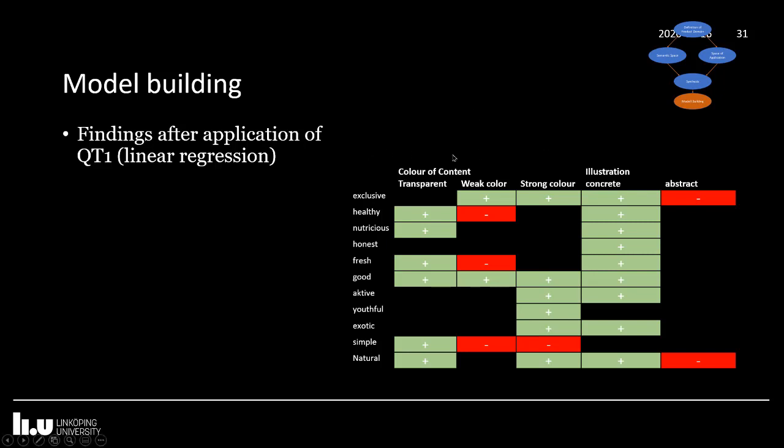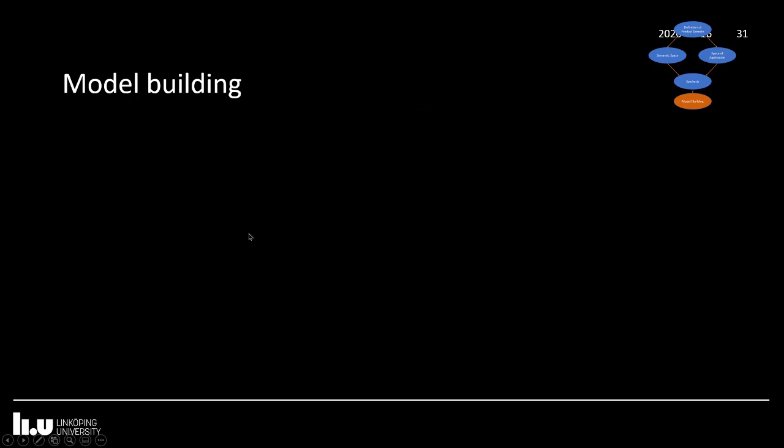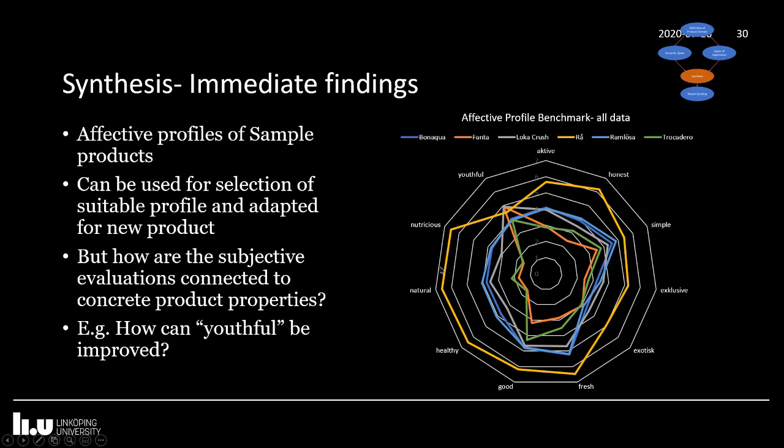So after applying the quantification theory type 1, you will get two things. No, three things actually, but two things here. For example, healthy and fresh. So imagine if I have to go back here. Imagine I would like to do something more healthy and fresh. So I'm producing something here.